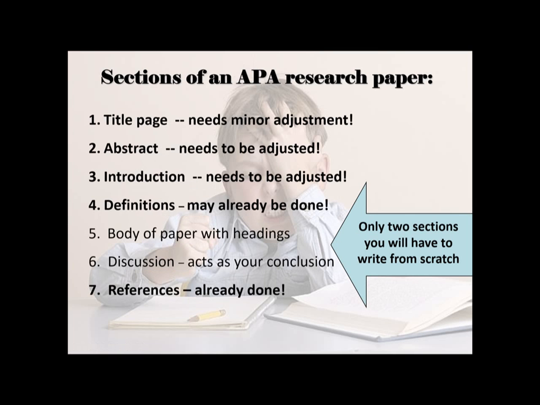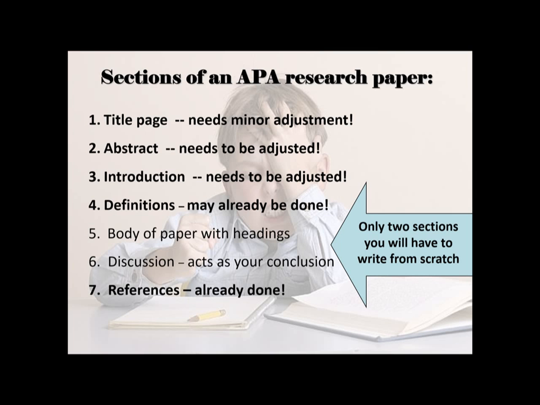So the only thing that you have to do is actually write number 5, and you just have to tweak number 6 just a little bit. Everything else just needs some minor adjustments.